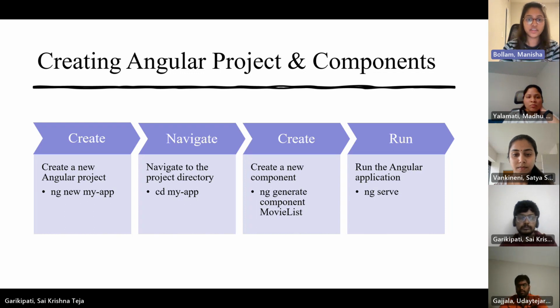Coming to navigate, there's the project directory. To navigate into this folder, you can use the project name. Initially, Angular will give the default component files, HTML and CSS types, but if we want to create more components, we have to use this command, ng generate component movie-list. This is for creating many other components.